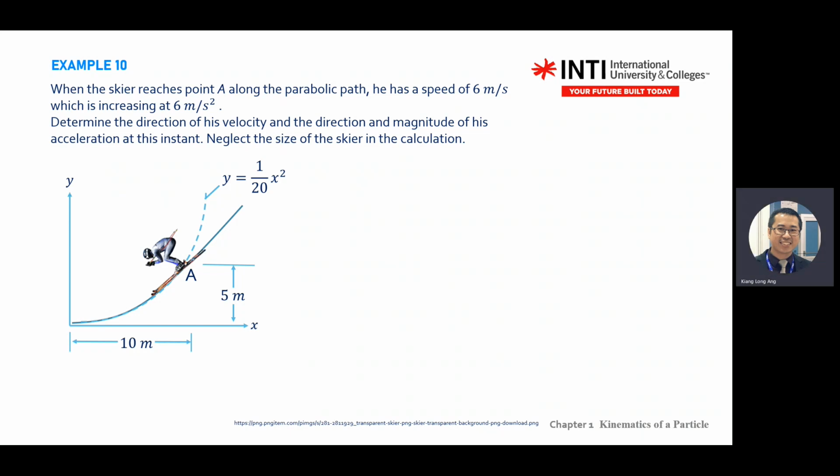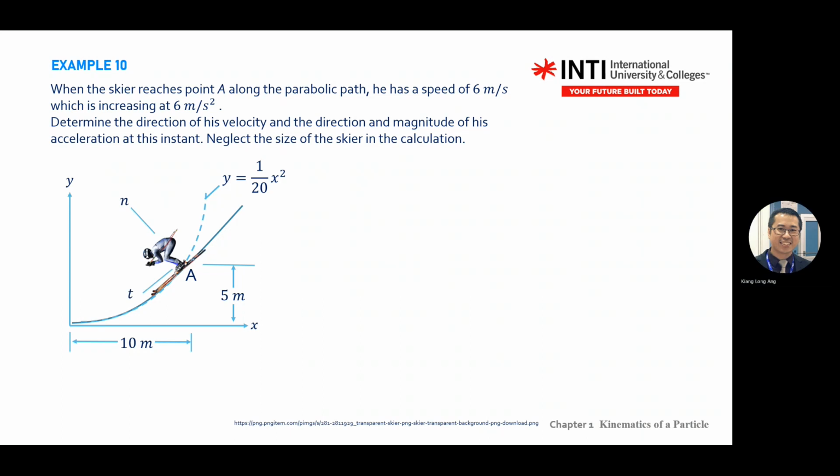You know you're given a parabola, which is a quadratic curve. Like I mentioned yesterday, y equals ax squared plus bx plus c. If a is more than 0, you have a smiling face. If a is less than 0, you have a sad face. So this is a smiling face with a positive.